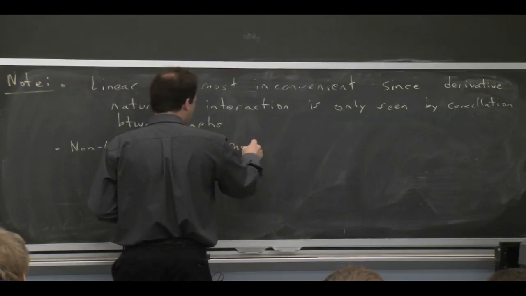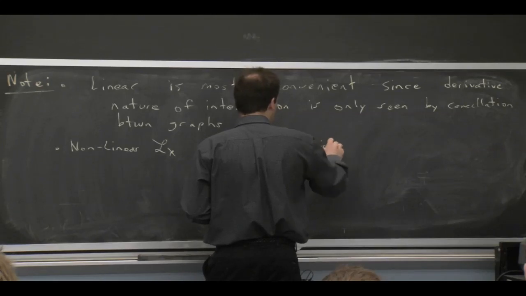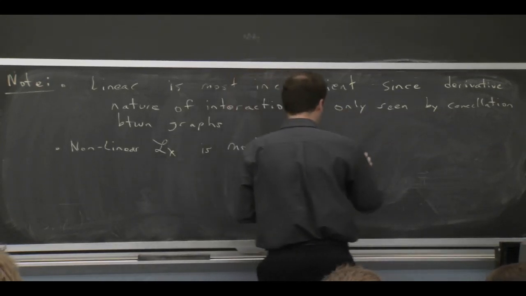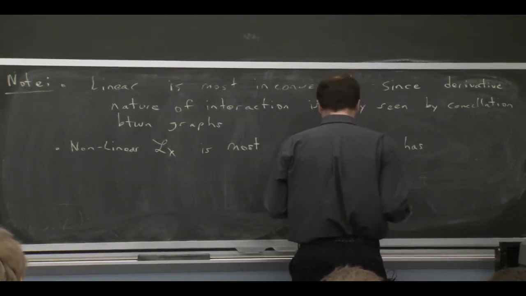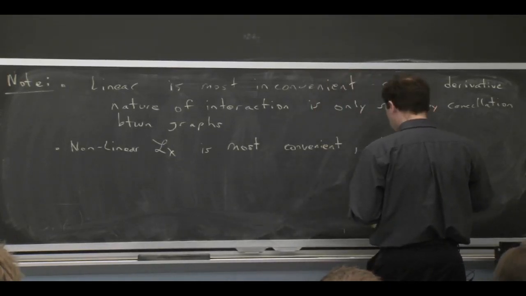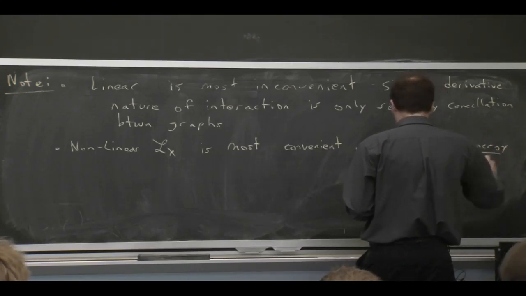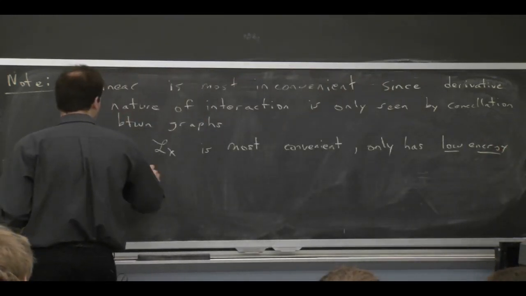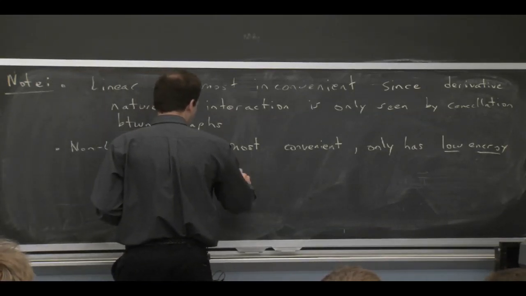The version that's most convenient is the nonlinear one, since it's the simplest, and we just think about it, forgetting about the heavy stuff. And it's what we really want for our bottom-up effective theory, because it only has the low energy sigma field, which has the pion in it. And it has the derivative couplings.